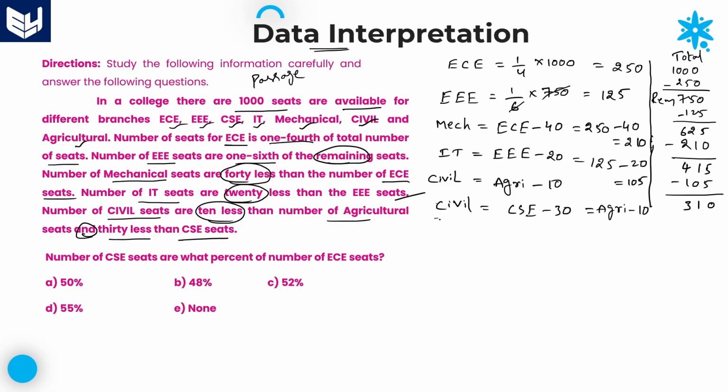This is the relationship of these three: civil, CSC, and agriculture.